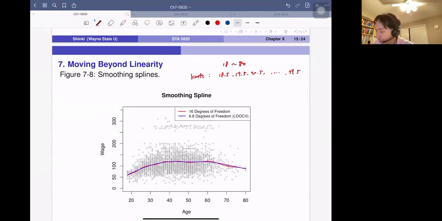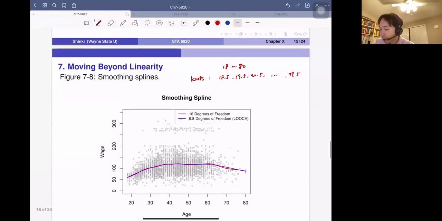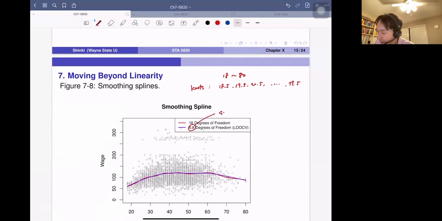Then we fit the model with a smoothing spline and get this red curve and blue curve. The blue curve is the optimal one, and the effective degrees of freedom is 6.8. That is similar to a 6-degree polynomial, which has degrees of freedom equal to 7 including the intercept.